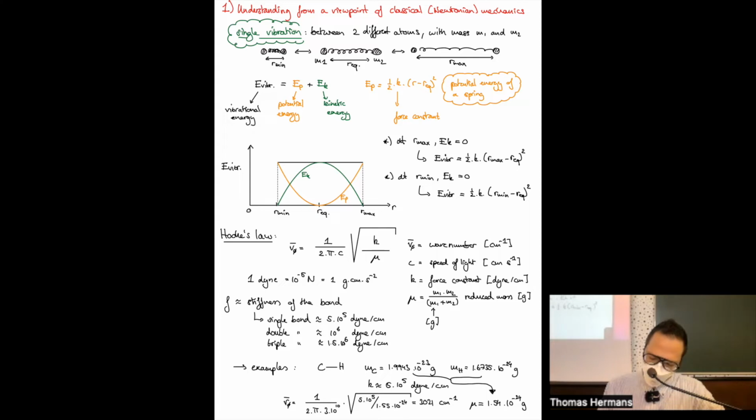The total vibrational energy is constant, right? Because I have potential energy and kinetic energy, but the total vibrational energy is constant. But I have these two contributions. One is kinetic, E kinetic.